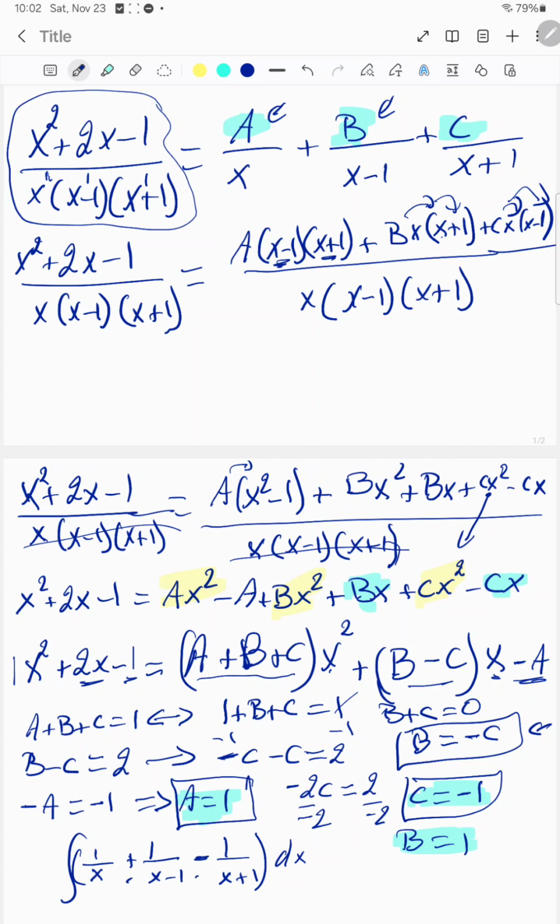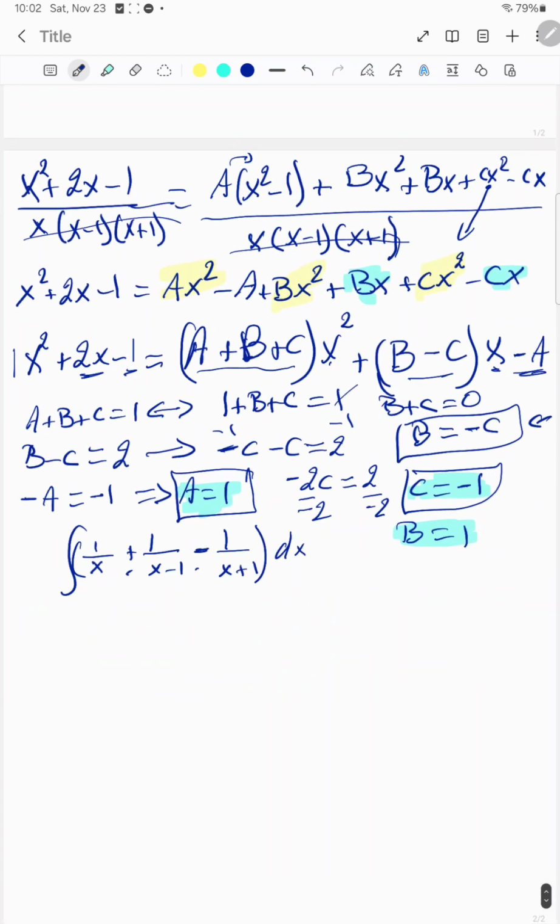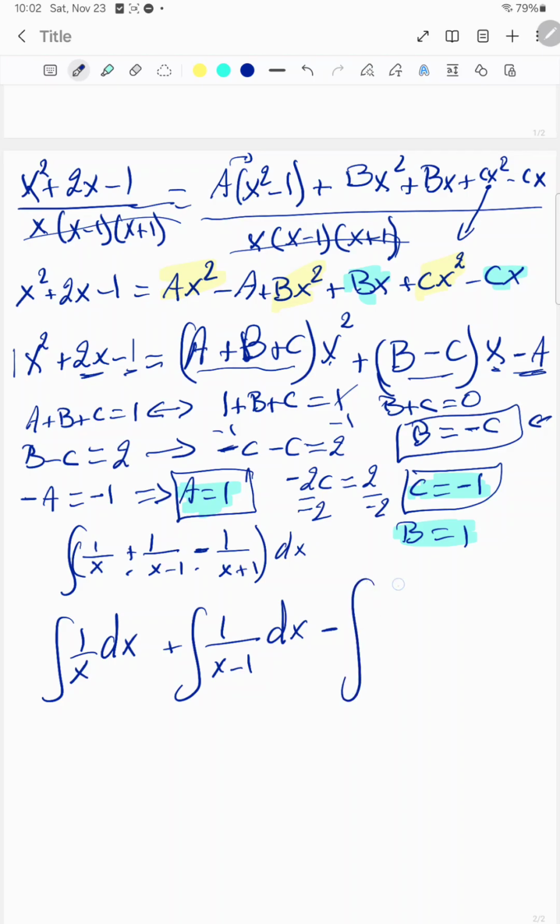Because I have the plus and the minus, I can separate my integral into 3 integrals. So my integral becomes the integral of 1 divided by x dx, plus the integral of 1 divided by x minus 1 dx, minus the integral of 1 divided by x plus 1 dx.